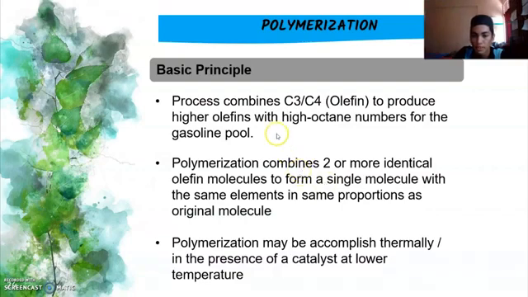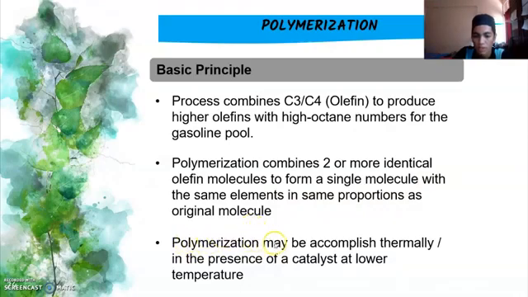The process in polymerization involves the combination of olefins such as propene and butylene to produce higher olefins with higher octane numbers for the gasoline pool. Polymerization combines two or more identical olefin molecules to form a single molecule which has the same elements in the same proportion as the original molecule.